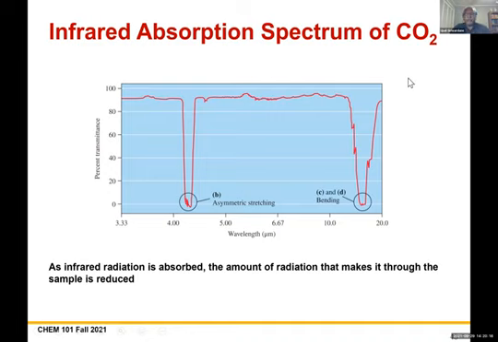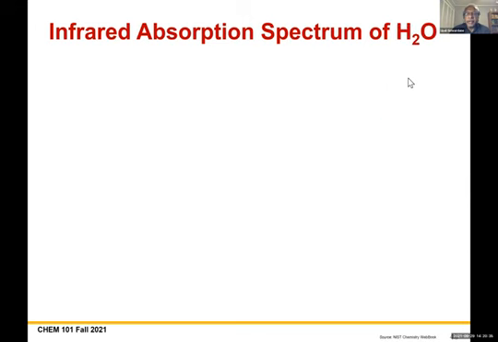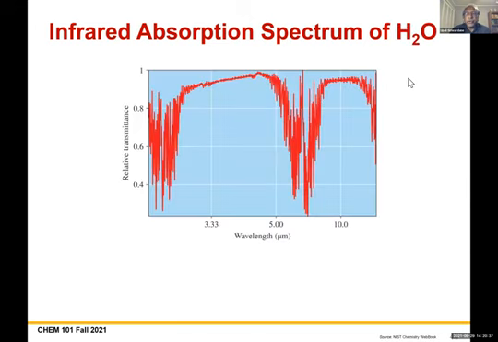Okay, if you look at carbon dioxide IR absorption, there are two IR absorptions. Therefore, they re-emit infrared heat radiation back to Earth. They are greenhouse gases. Water also has two absorptions somewhere around this wavelength.